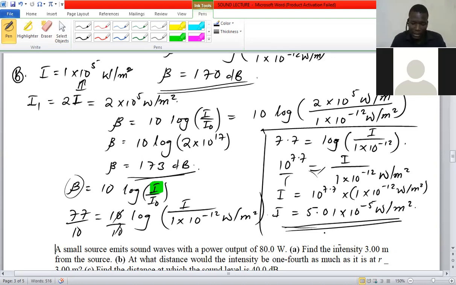This is going to be our intensity if the intensity level is 77 decibels.